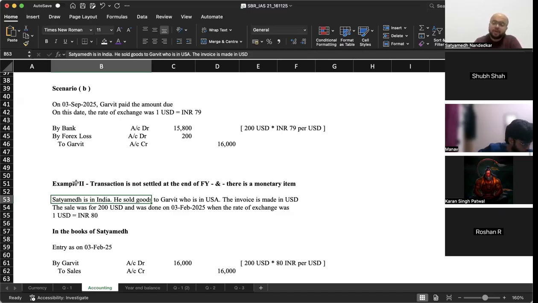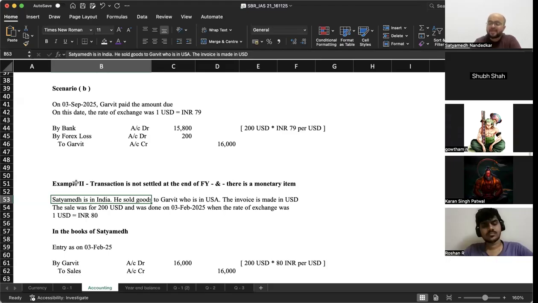And what are non-monetary items? Items where we cannot determine the amount to be received. Everything other than monetary items is basically non-monetary. Now debtors, are they monetary or non-monetary? Monetary, sir. Why? Because in case of debtors, you know exactly how much amount you are going to receive.